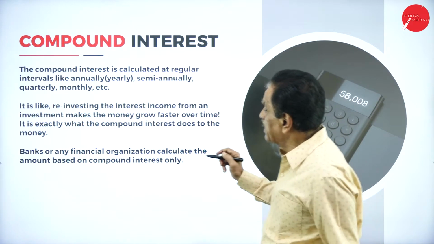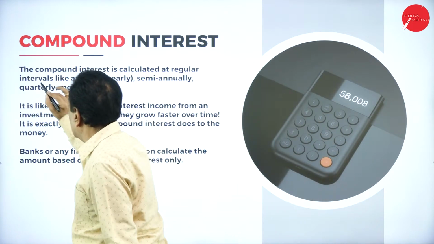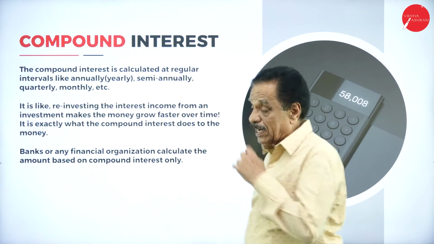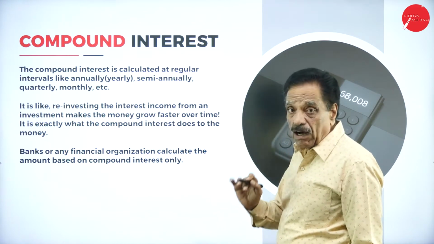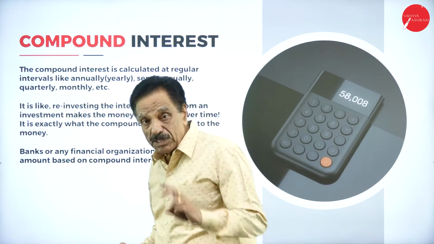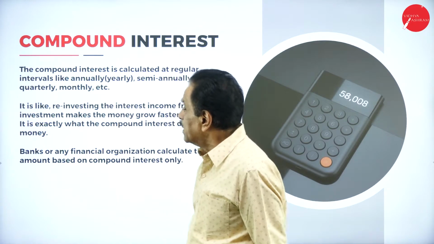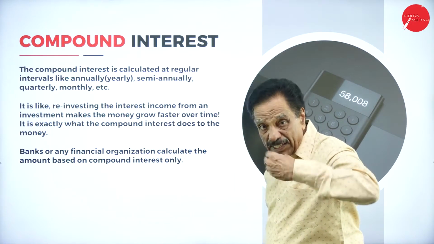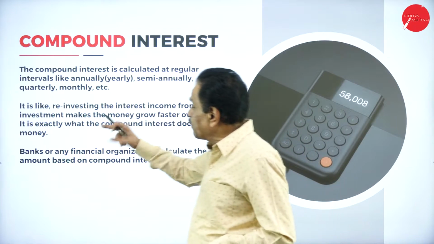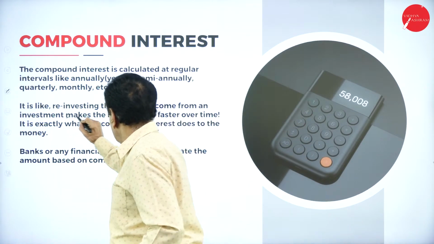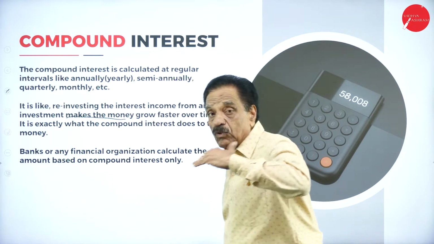Compound interest is calculated at regular intervals like annually, semi-annually or half-yearly, quarterly, once in 3 months, and monthly also. It is like reinvesting the interest. Whatever interest we got, income from an investment makes the money grow faster over time.